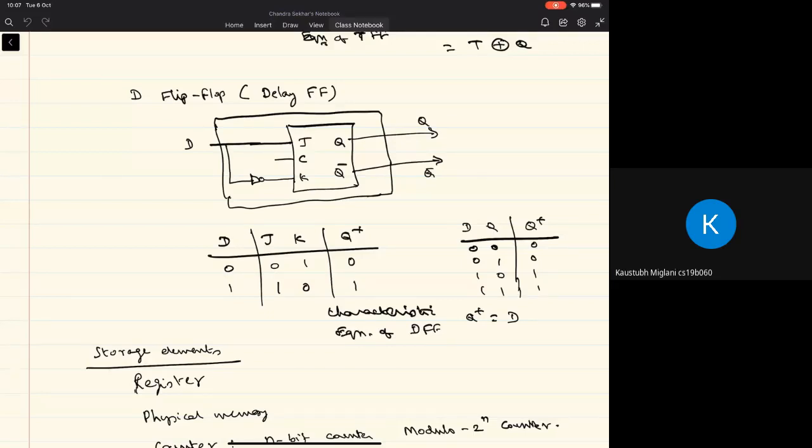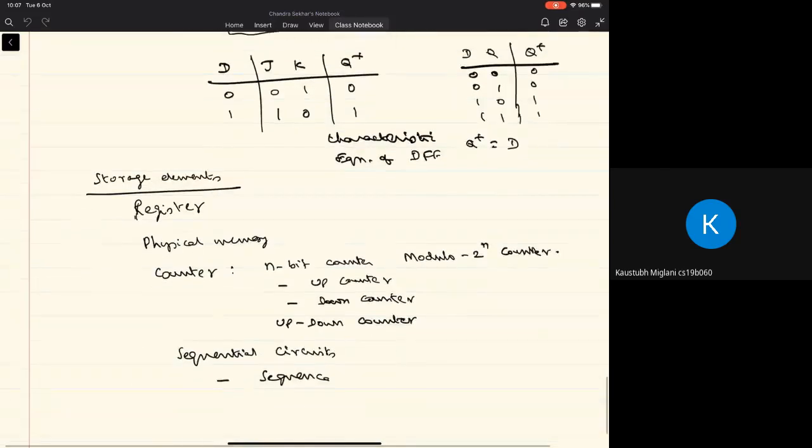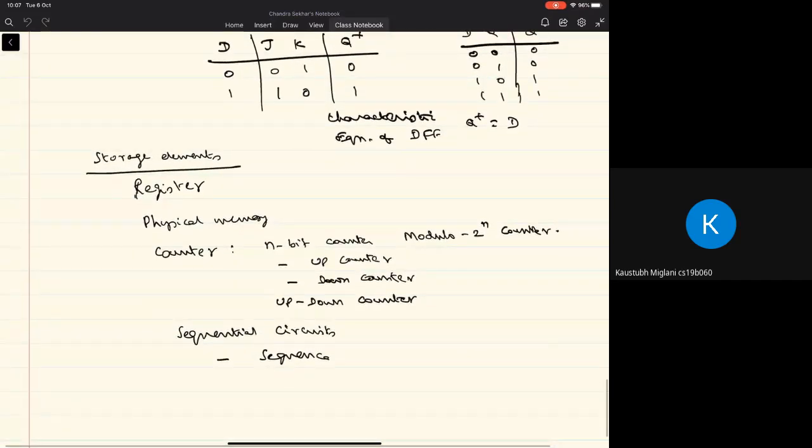We'll proceed further. Actually, we'll be discussing a few types of sequential circuits. One type of sequential circuits is basically what are called storage elements, like registers and the physical memory in the computer system. We'll come back to it a little later. And there are other types of sequential circuits, typically called counters.